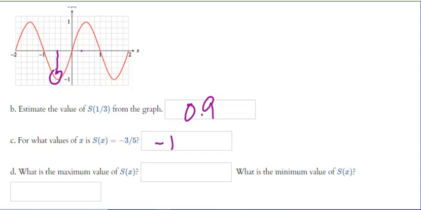Alright, so let's talk about maximums and minimums. The maximum is the highest point, right? And that's a y value. Minimum is the lowest point of the graph. That's also a y value. But they may turn around and ask you what the x values are at those points as well. So just be mindful of that. Get blue. What is the maximum? The maximum is 1.